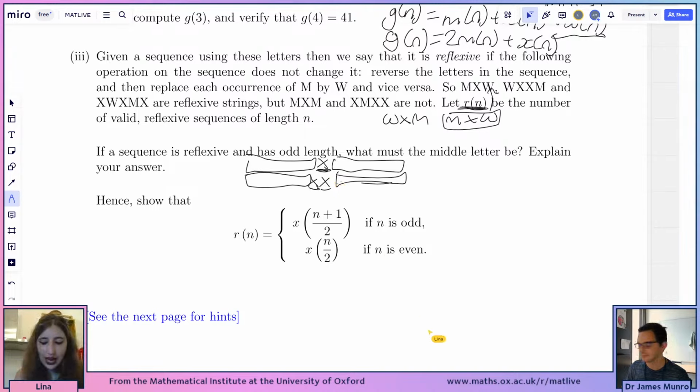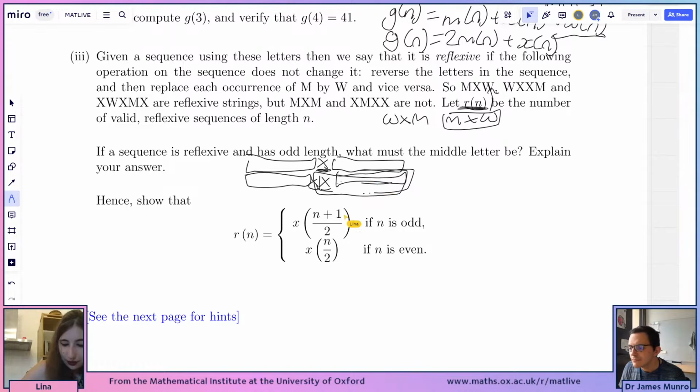So now if we want to look at the different ways we can make this sequence of reflexive strings, we can write this to be one word. Sorry, my pen broke there a bit.